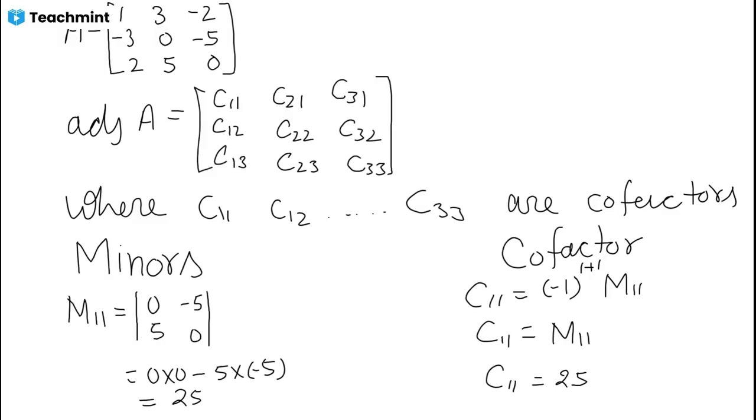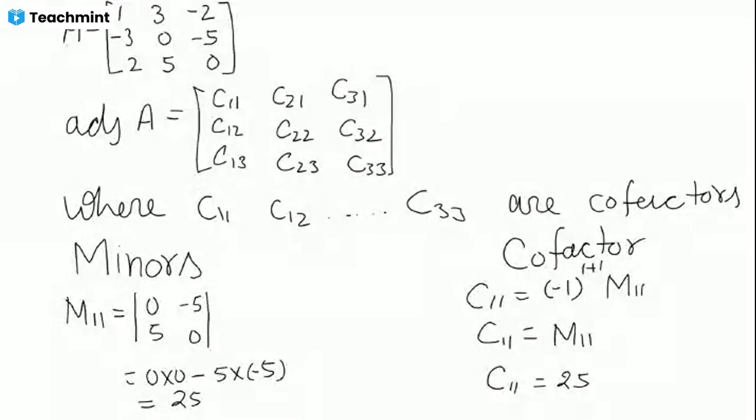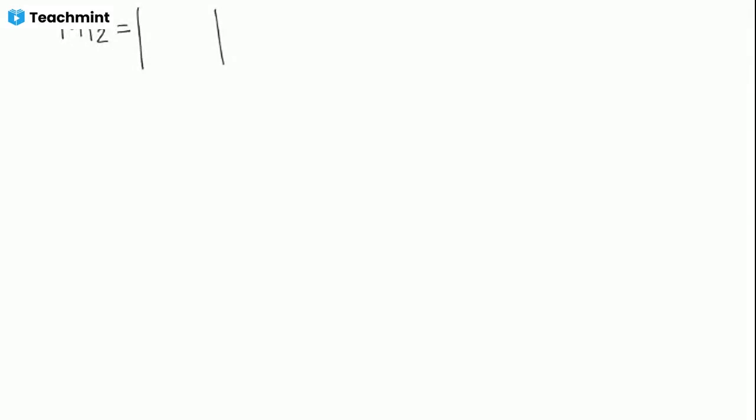Now let us find C12. To find C12, we need to find first of all M12. So leave the element of first row and second column of the matrix. We'll write these elements: minus 3, 2, and minus 5 and 0.